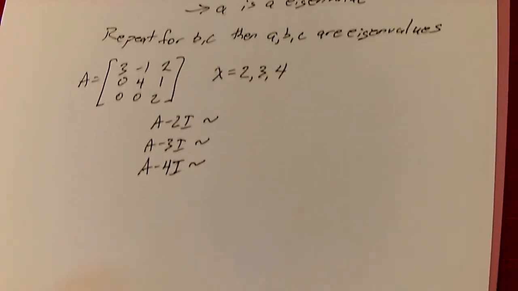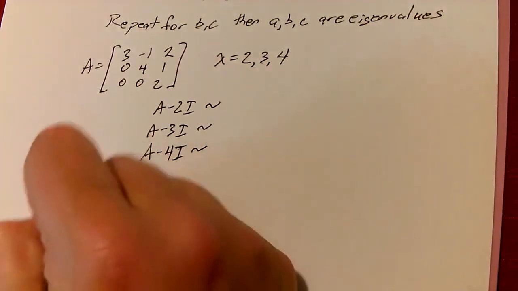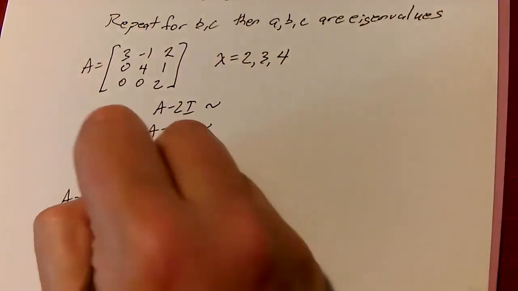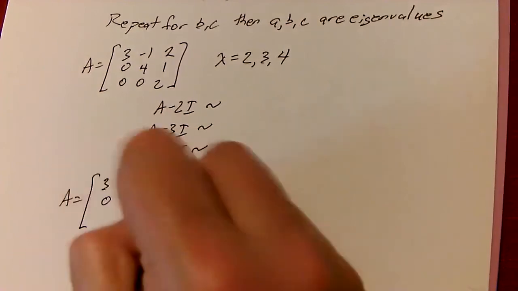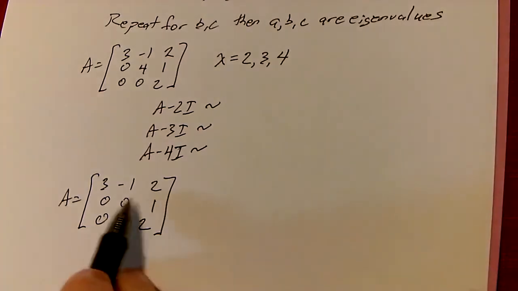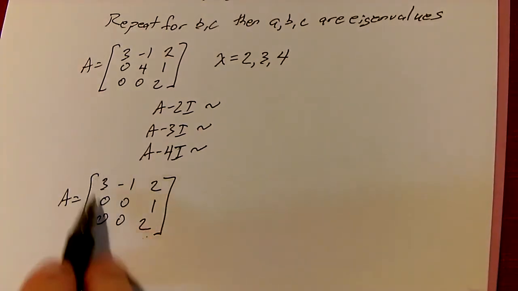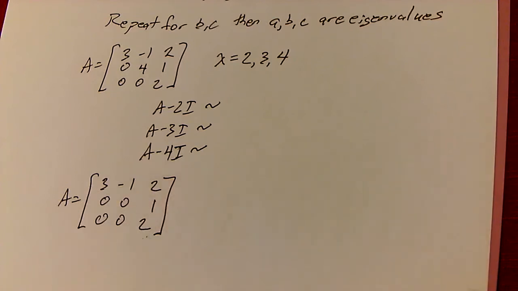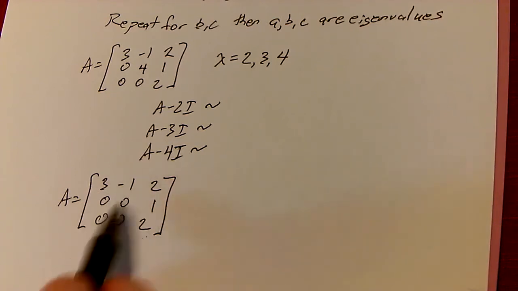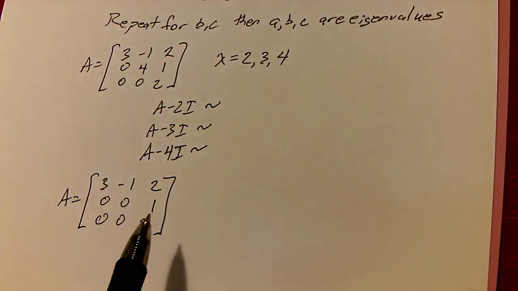Now notice, if I make one of my diagonal spots 0, so say I go 3, -1, 2, 0, 0, 1, 0, 0, 2. Now my entries on the diagonal are 3, 0, and 2. This matrix only has 2 pivots. So this has a non-trivial solution already, which means 0 is an eigenvalue.